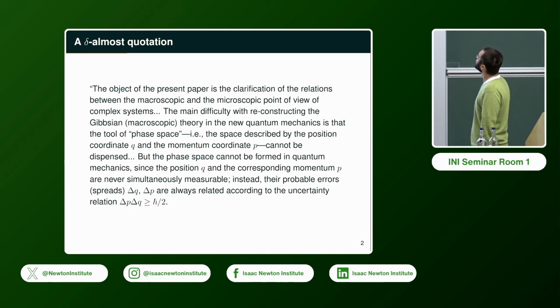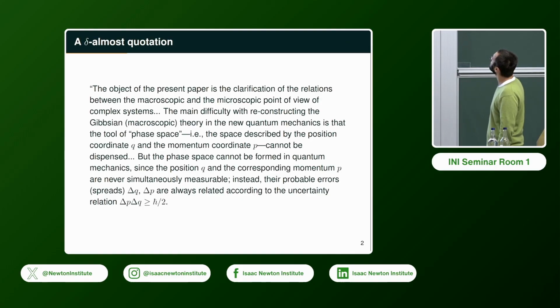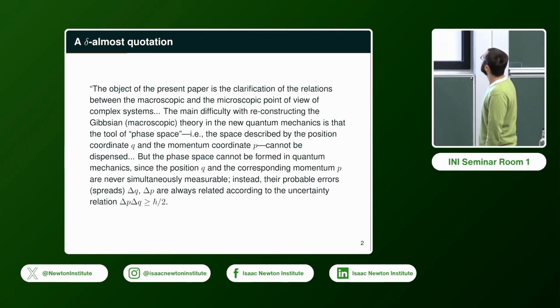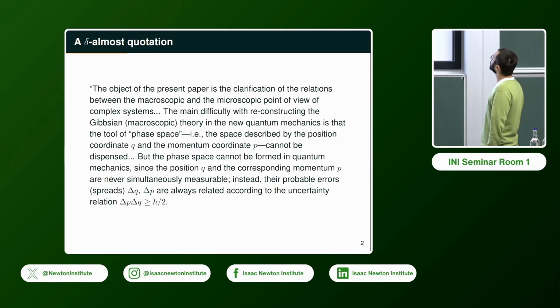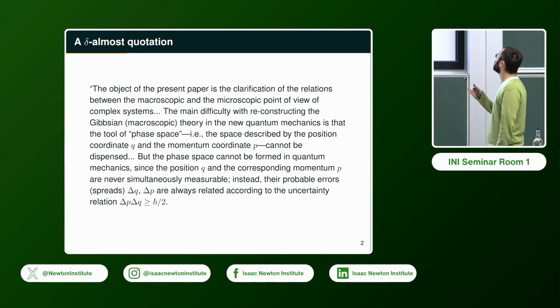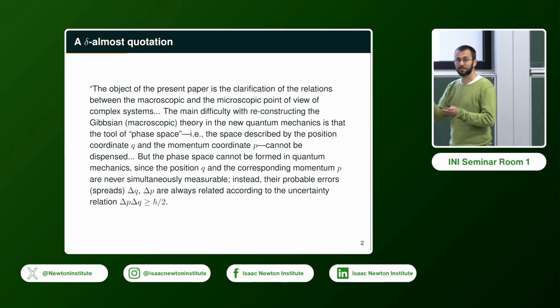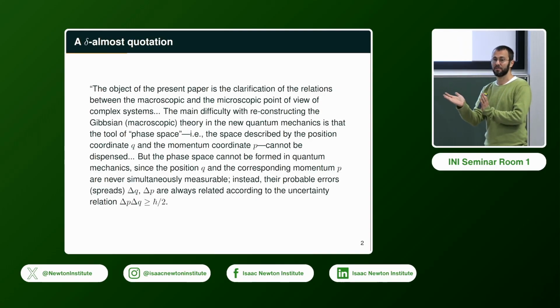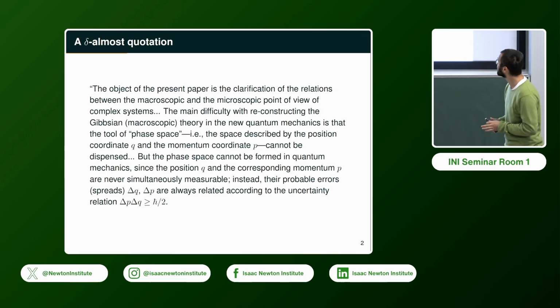The object of the present paper is the clarification of the relations between the macroscopic and the microscopic point of view of complex systems. The main difficulty with reconstructing the Gibbsian macroscopic theory in this new quantum mechanics is the tool of phase space. You know, in physics you have this phase space, with a position and a momentum, and we consider that the dynamical system happens in this phase space.